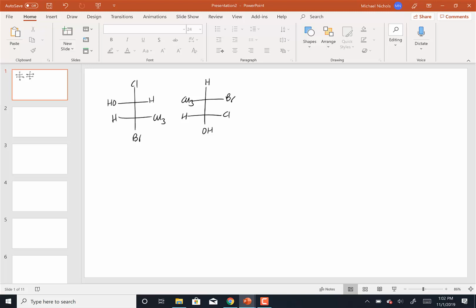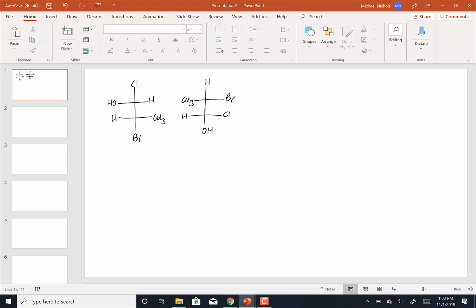Number one, if it's only one chiral center, it's only going to be same, not meso, or enantiomers. So if you only have one chiral center, that eliminates two possibilities. If you have more than one chiral center, then I would first look to see if there's a possibility of it being meso.